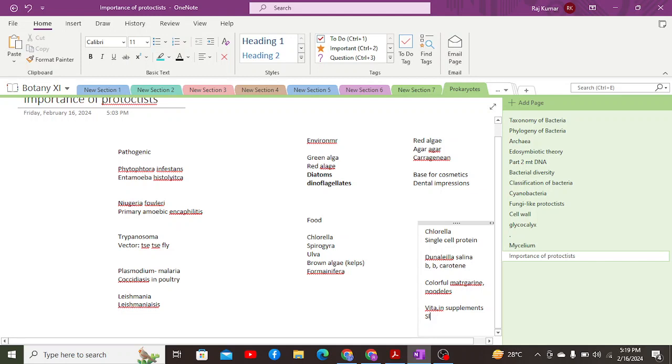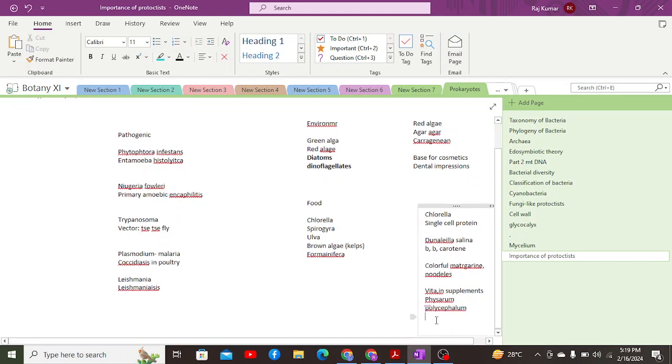A famous type of slime mold we have studied is Physarum polycephalum. It is one of the basic slime molds on which the cellular structures and functions were studied.